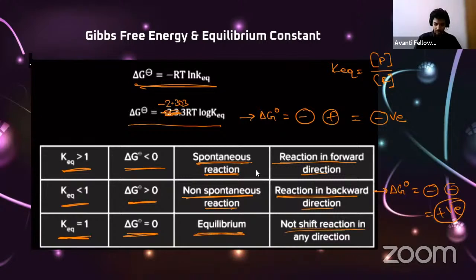The forward reaction will not be more than the backward reaction, nor the backward more than the forward. Everything will be equal, so there will be no shift in any direction. Okay. If you have any doubts, try to mention it in the chat.